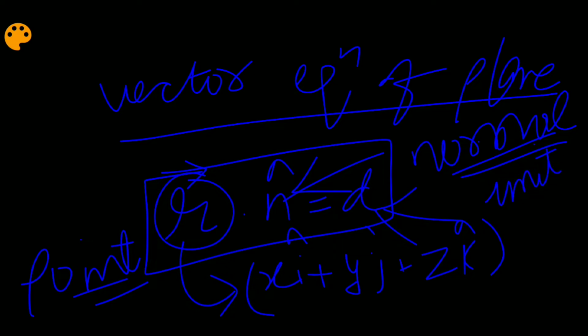Okay, this n cap is a unit normal vector, and this r is a position vector which is present on that plane. Okay, so you have to remember this. If this n cap is a unit vector, then it means it is a direction cosine.